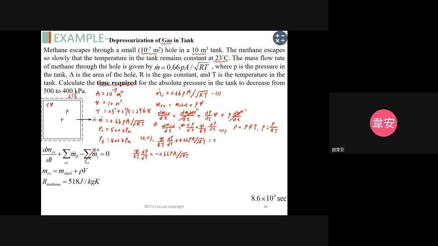Okay, then we move the constant parameters also to the right hand side, and we move the P parameter to the left hand side.